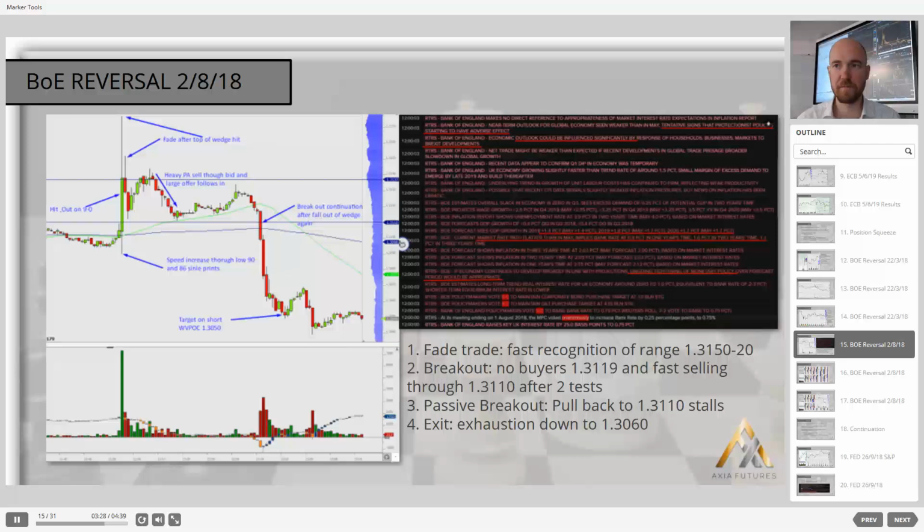In terms of your exit, what you're looking for here is any exhaustion into that zone. So rather than putting a definitive 'this is the level' on it, use the price action to show you where that level could be. So as you get this exhaustion move down, this fast drop into 60s, that's your clue.